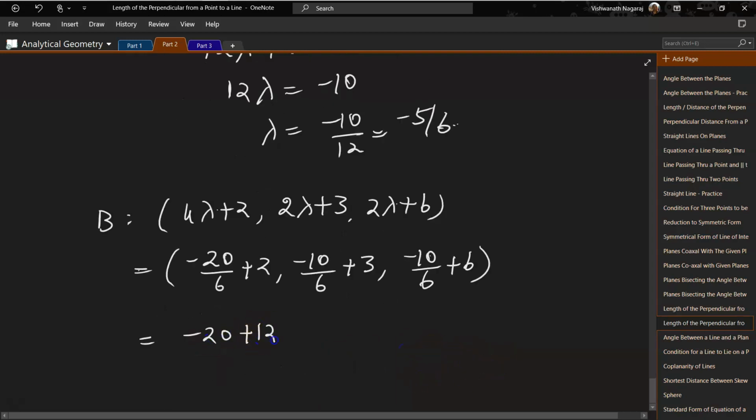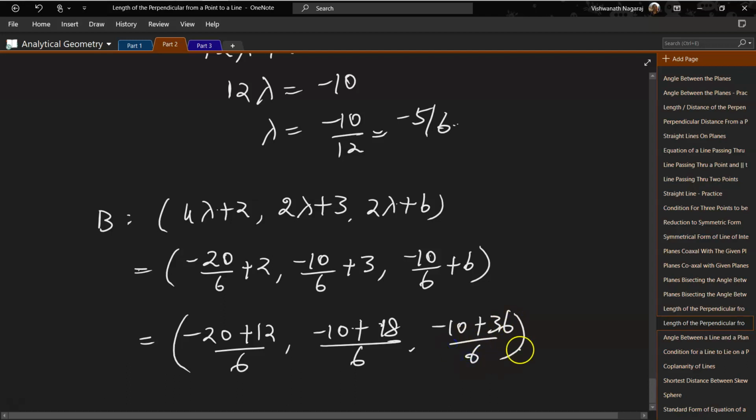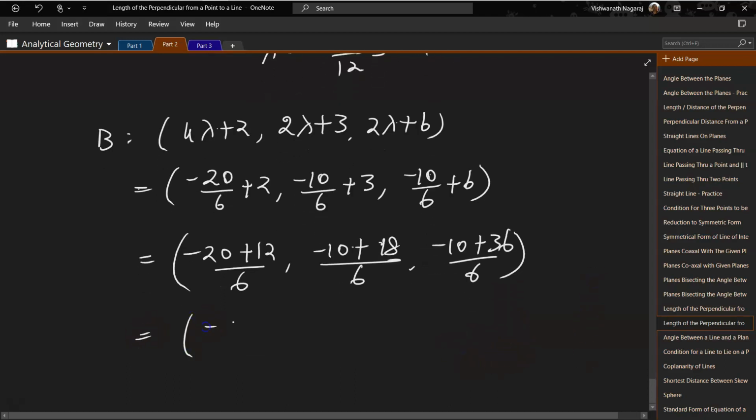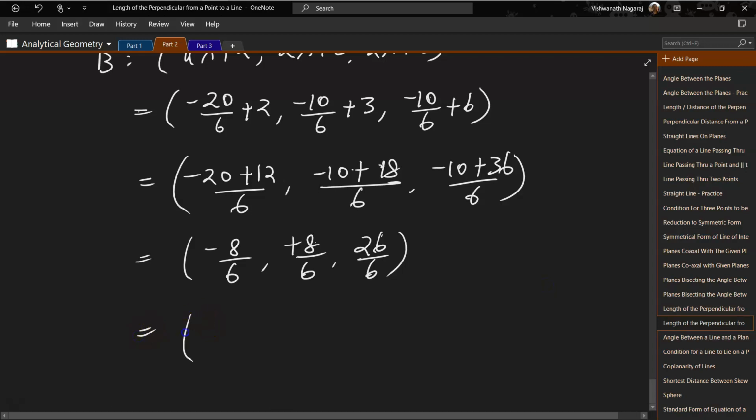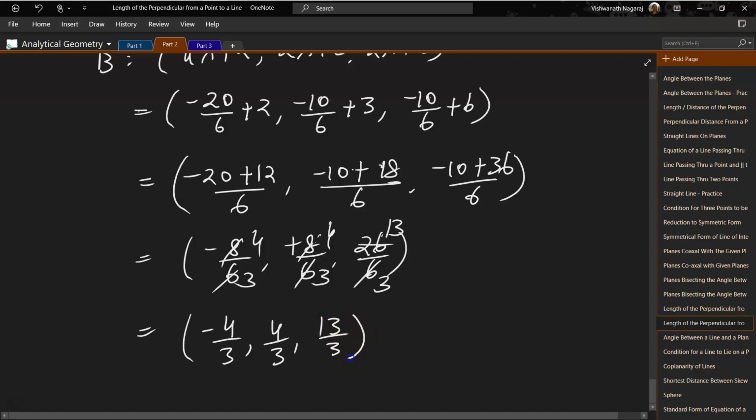That is minus 20 plus 12 by 6, minus 10 plus 18 by 6, minus 10 plus 36 by 6, which is minus 8 by 6, 8 by 6, and 26 by 6. So that gives minus 4 by 3, 4 by 3 and 13 by 3.